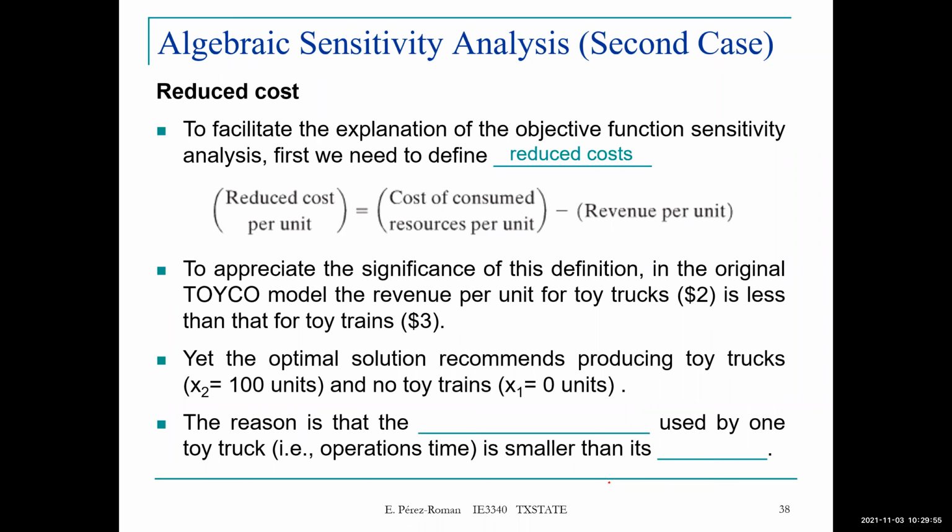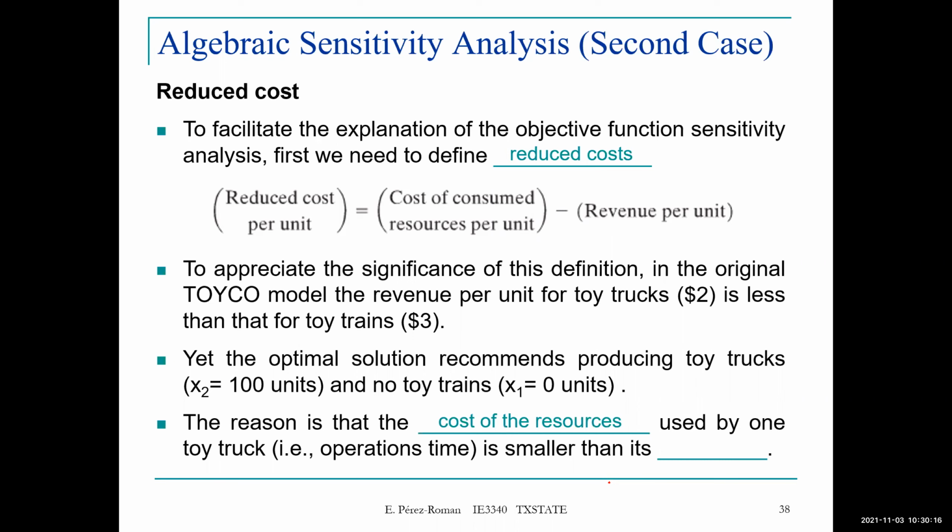To appreciate the significance of this definition, in the original Toyco model, the revenue per unit of toy trucks was $2, which is less than for toy trains, which is $3. Yet the optimal solution recommends producing toy trucks, X2 equals 100 units, and no toy trains, X1 equals 0.